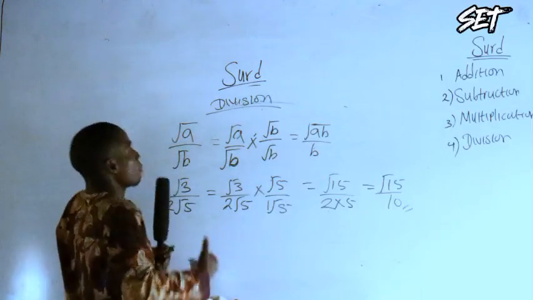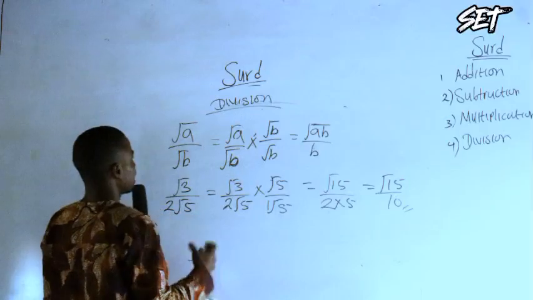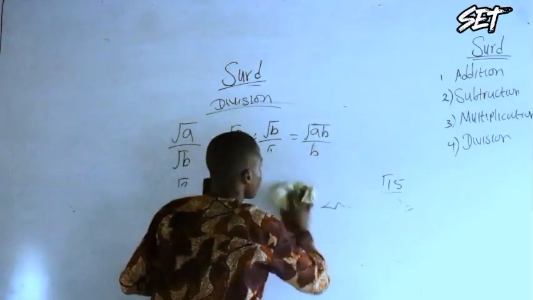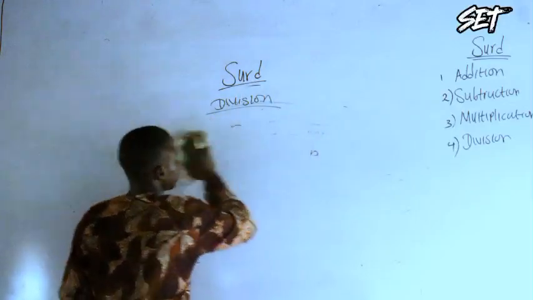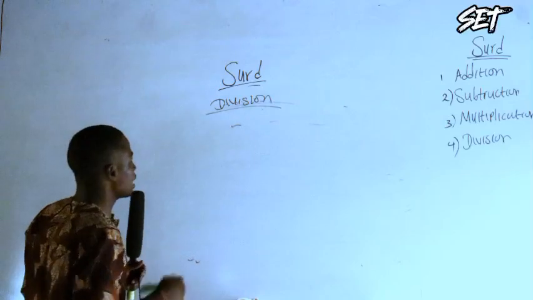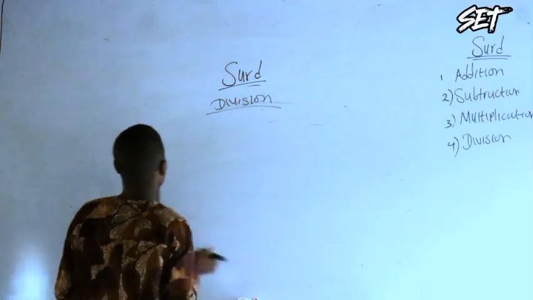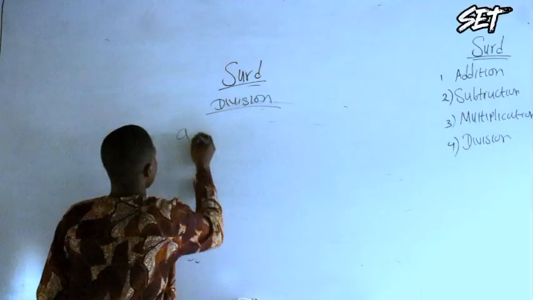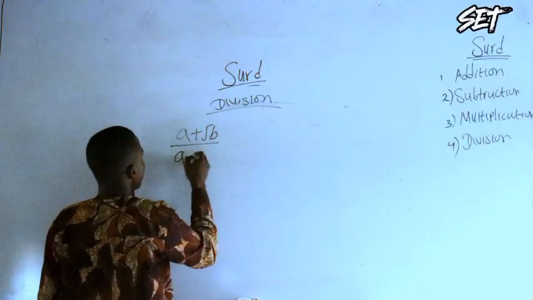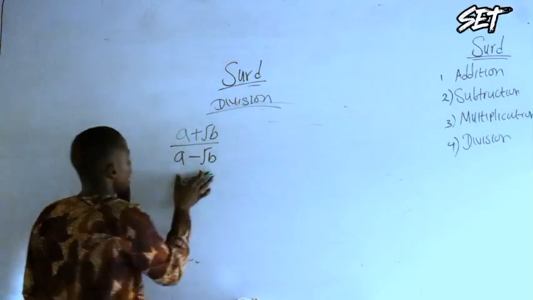Let us move to the complex one, so we can really understand deeper. Now, this is the one that some of the students don't really understand. When we have A plus root B all over A minus root B, how can we solve this?